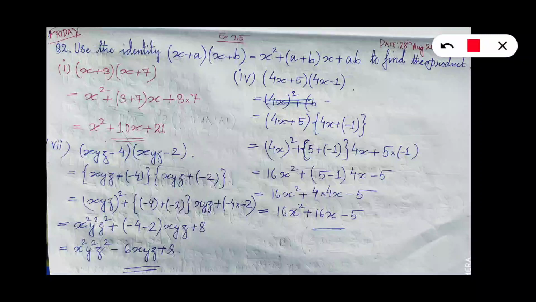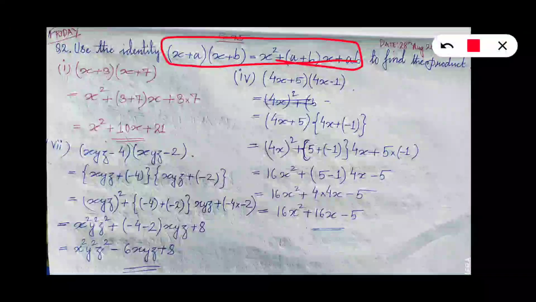Let's start with question number 2, Roman number 1. Just look at your screen. This is the 4th identity. Please look at it in the question. This is the 4th identity. Use the identity (x + a) into (x + b).